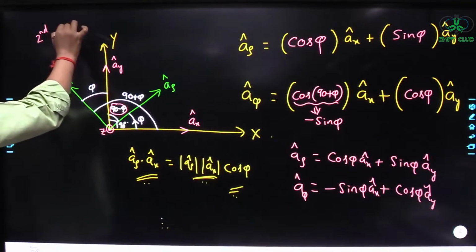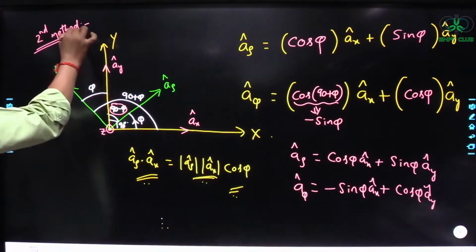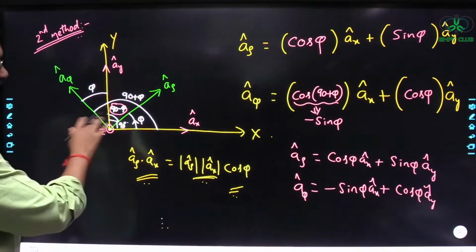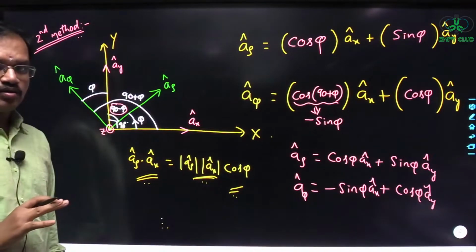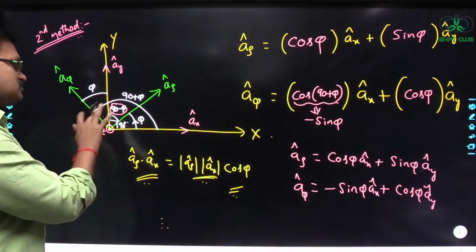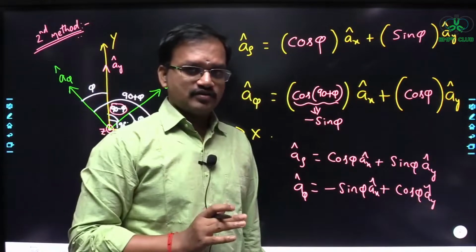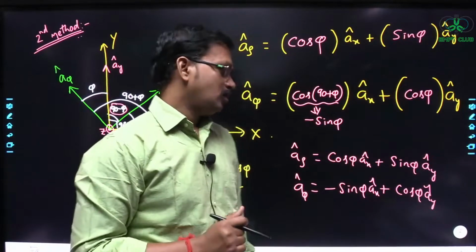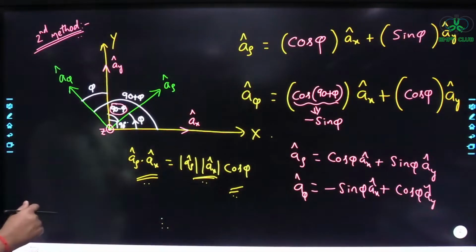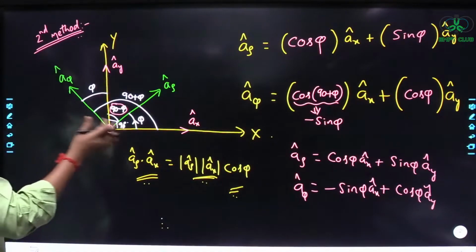If you are feeling some difficulty in representing these angles and all, then you can follow the first method itself. If you practice, this is going to be very simple.